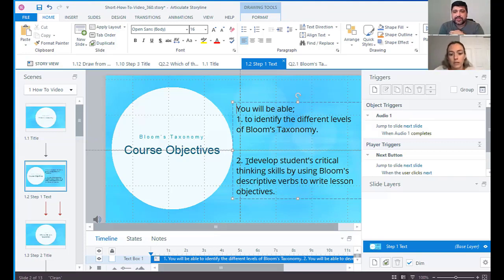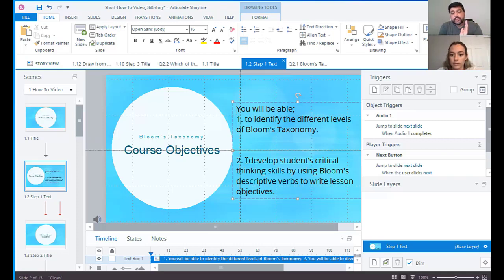Think of me as a layman who doesn't have any idea about Bloom's taxonomy whatsoever, right? Whenever I see this particular course, I will think, oh yeah, this is what I'm going to learn in this one. And let's say if you have 2 objectives, you need to make sure that you are covering 2 objectives.